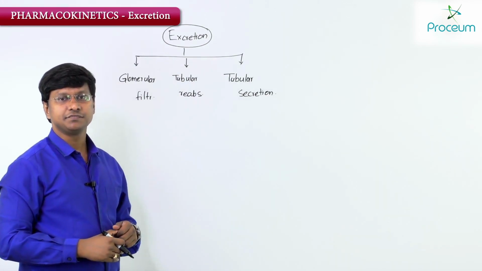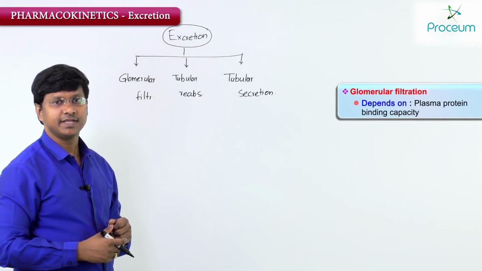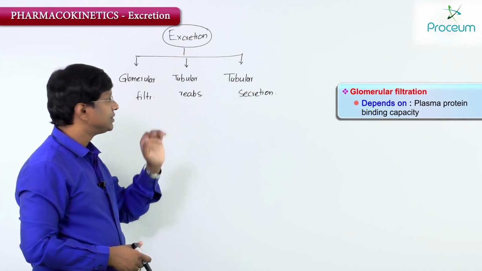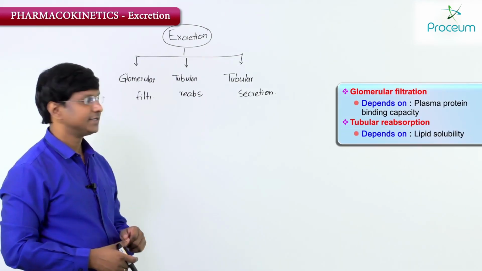Glomerular filtration of the drug depends upon the plasma protein binding capacity, and tubular reabsorption depends upon the lipid solubility.